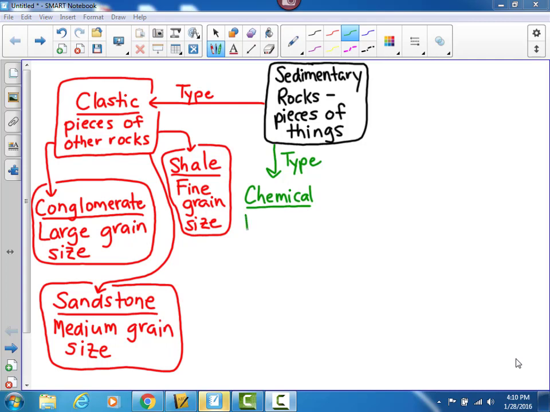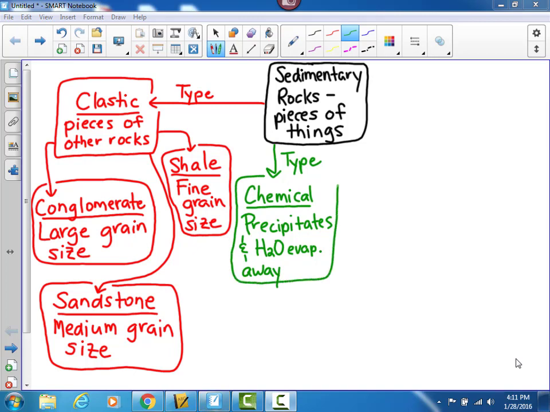So that would be something that precipitates and the water evaporates away. What does that mean? There is a type of chemical reaction that forms a precipitate.